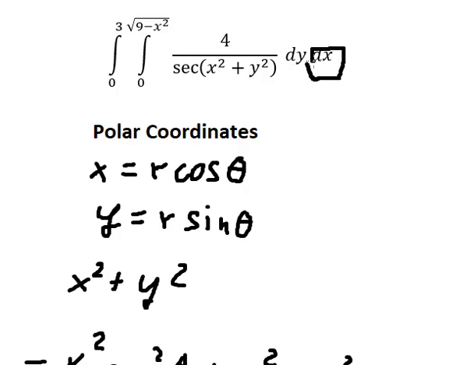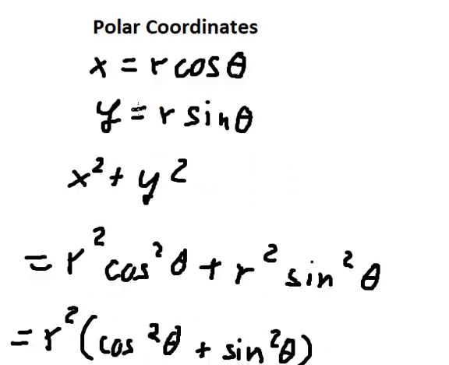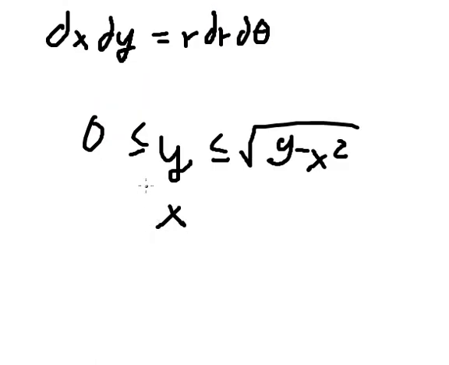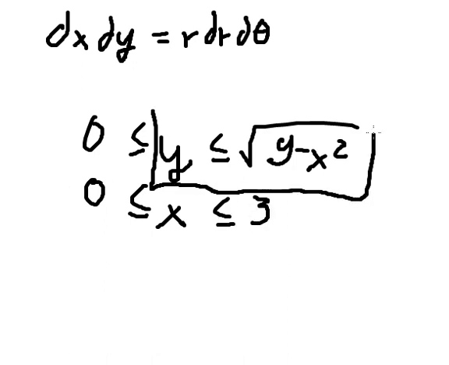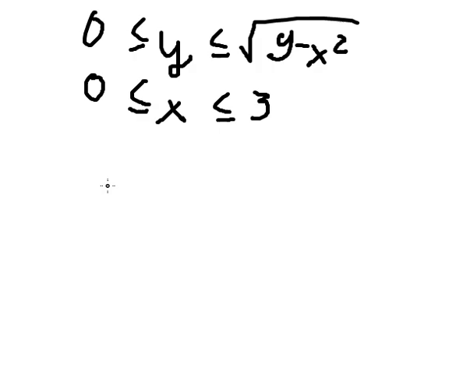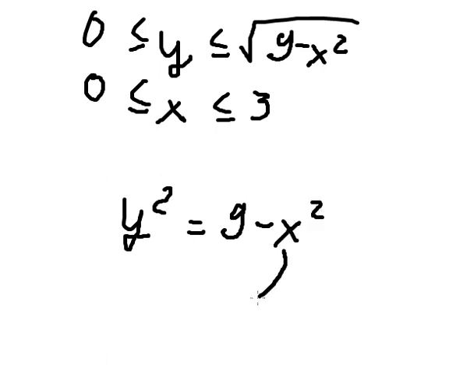For dx, that should be from 0 to number 3. So we need to write about this one. Before we do this, we put the power of 2 on both sides and we got like this. So I will put this one to the left.